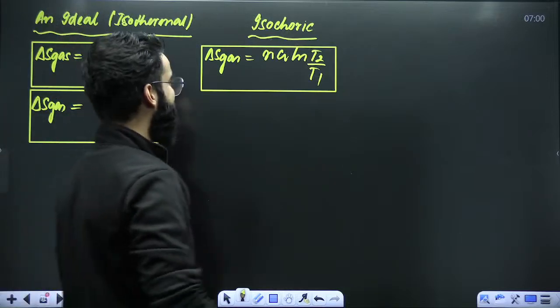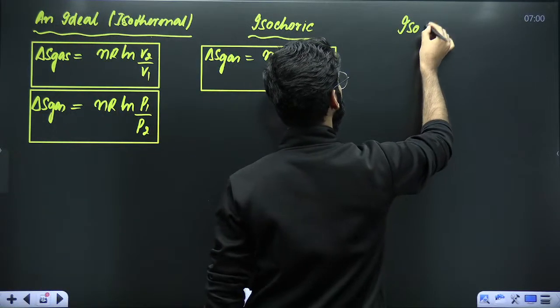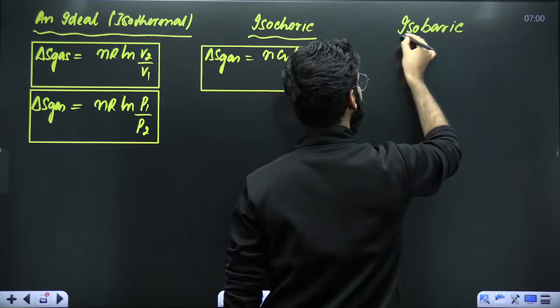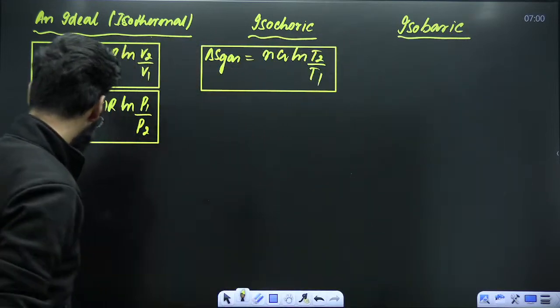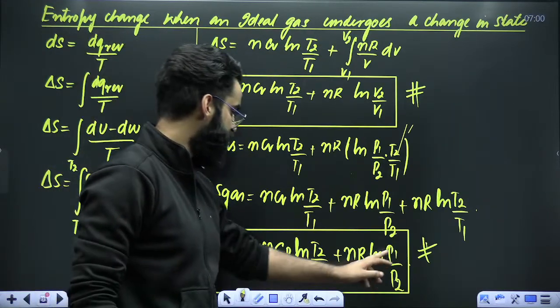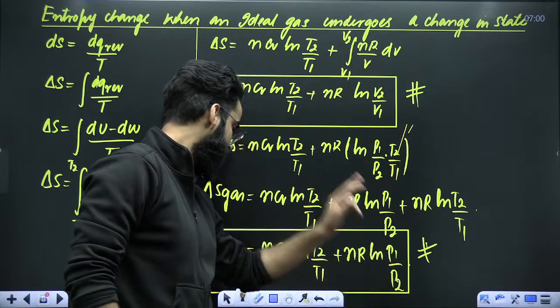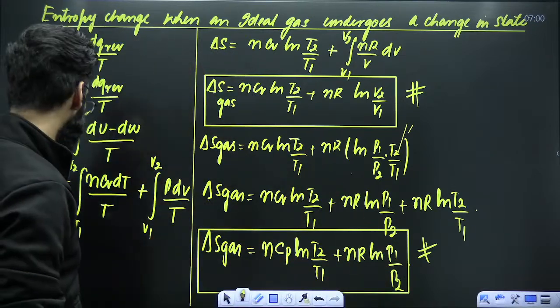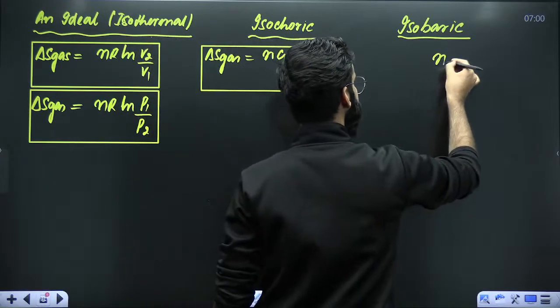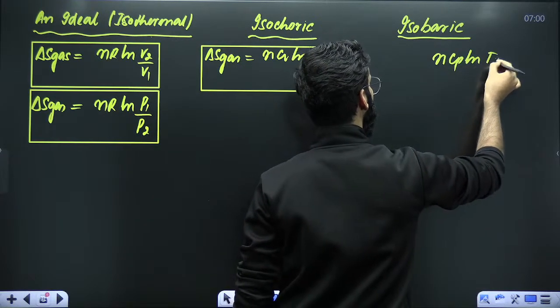Now similarly, if the ideal gas undergoes an isobaric process, that means pressure is constant, so P1 and P2 are the same. This term becomes 0. Finally, it's going to be nCP ln of T2 divided by T1.